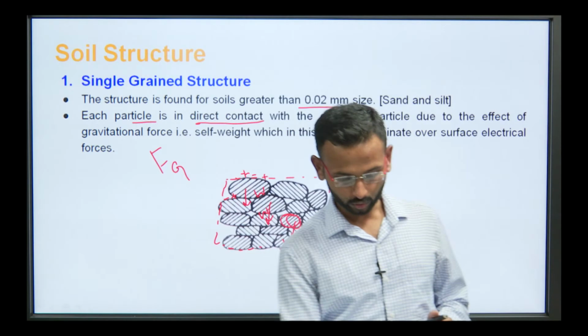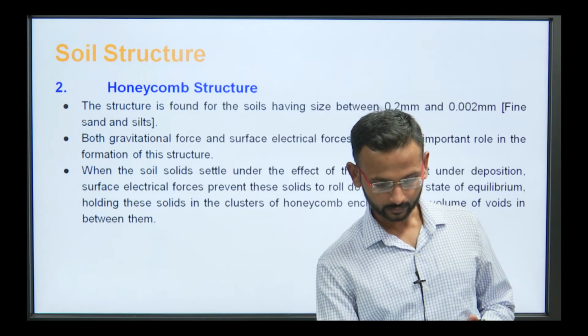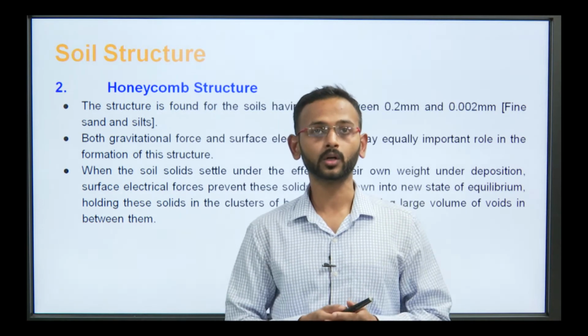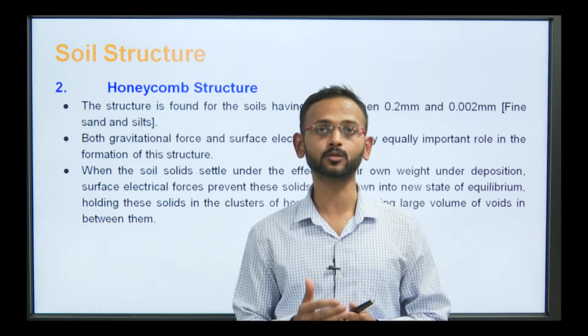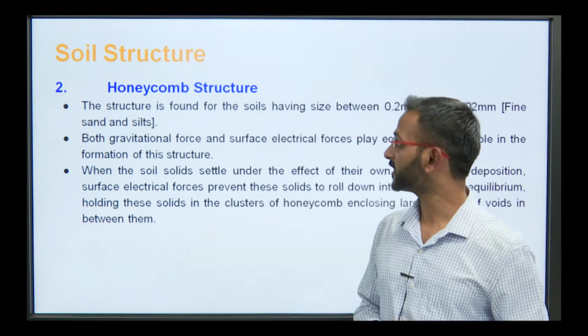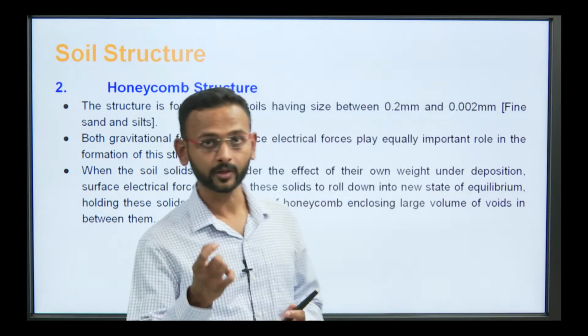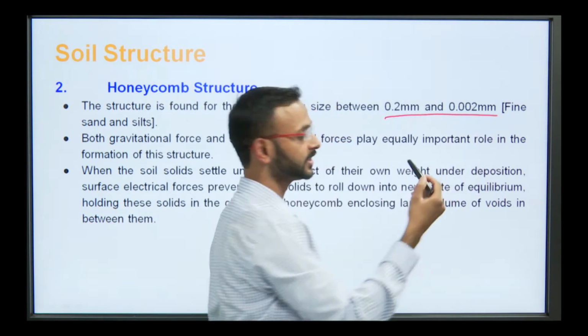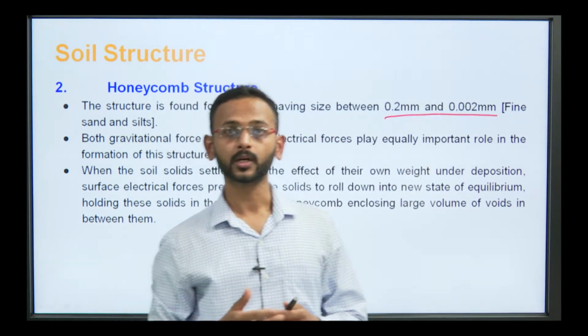Next we will be moving on to the honeycomb structure. It is found for slightly smaller particles, that is, the structure is found for soils having size between 0.2 mm and 0.002 mm. It will include what?